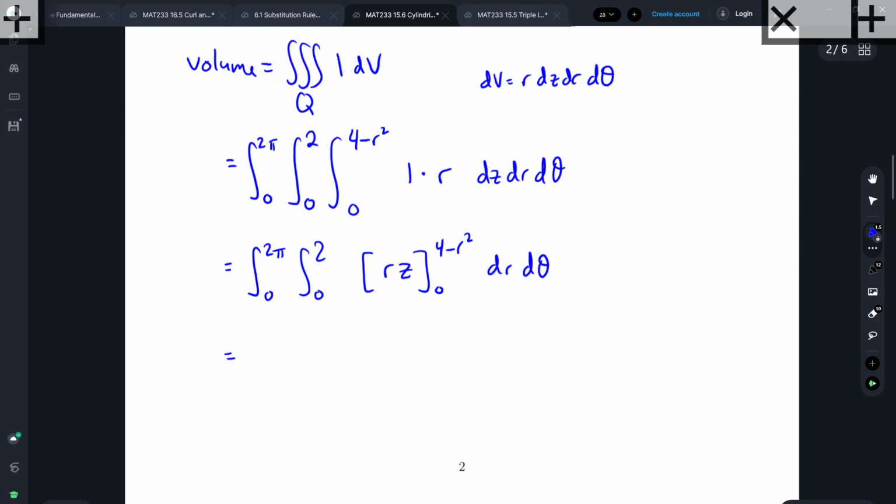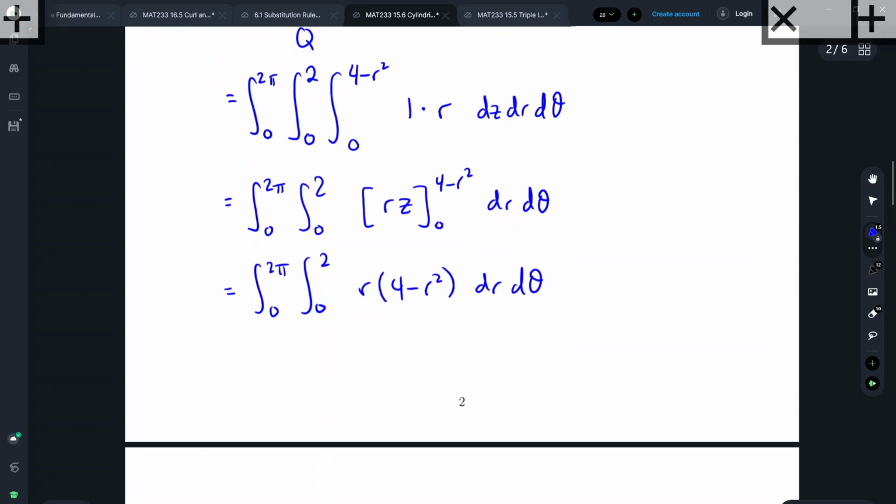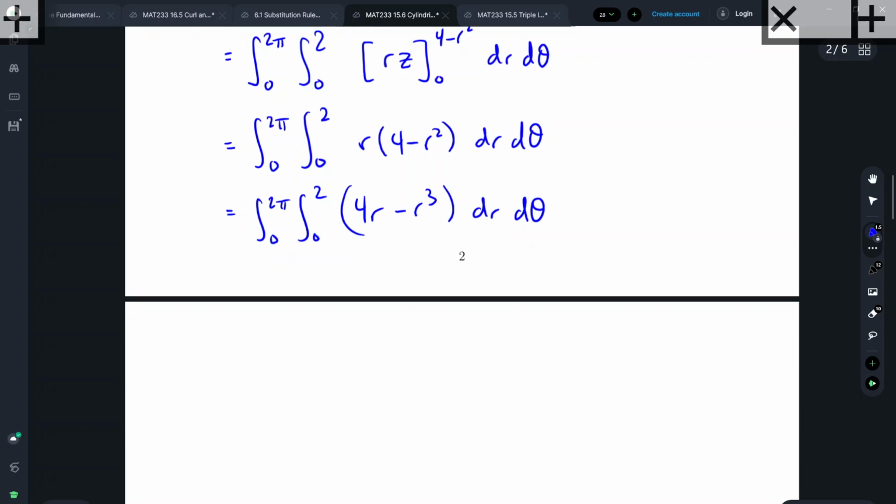Let's evaluate this. 0 to 2 pi stays the same, 0 to 2 stays the same, and now we plug this in for z. So we have r times 4 minus r squared, dr d theta. Let's distribute this so that it's easier to work with. So this is 4r minus r cubed, dr d theta.